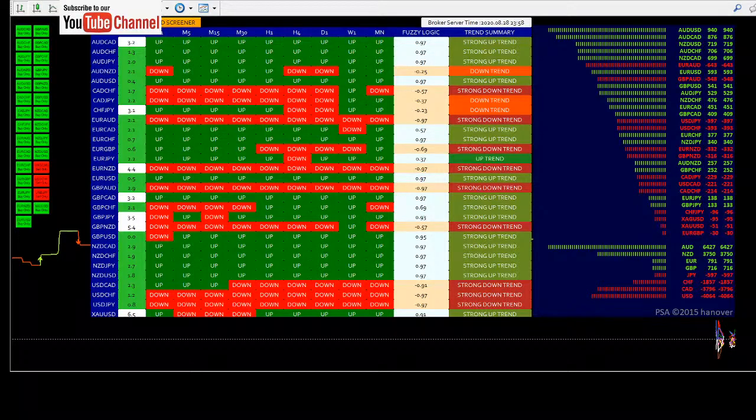Unless that happens, there's no trade here. Once we break above, you can see a nice move to the upside. Last time we broke this level, look at the move. So the same thing can happen again. Wait for the breakout.